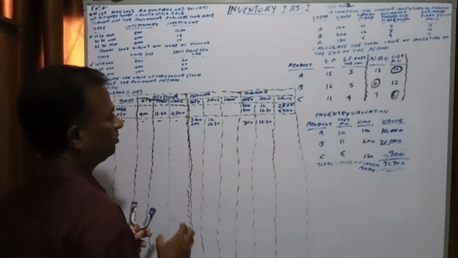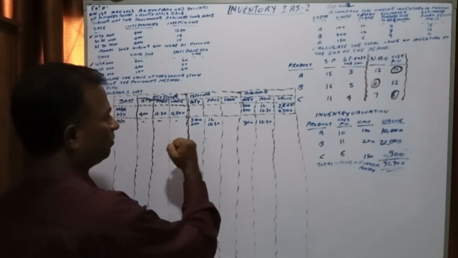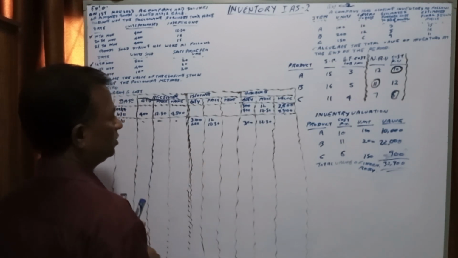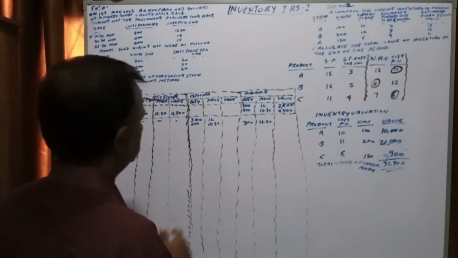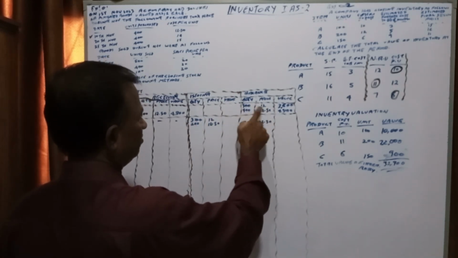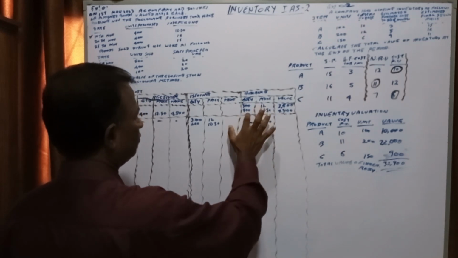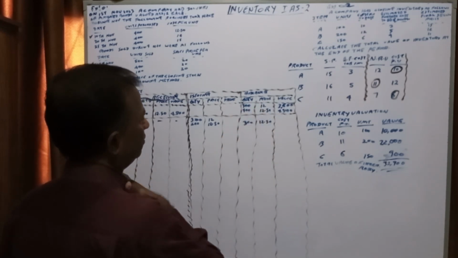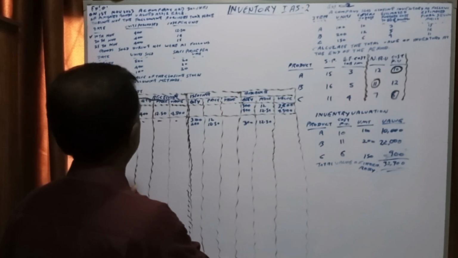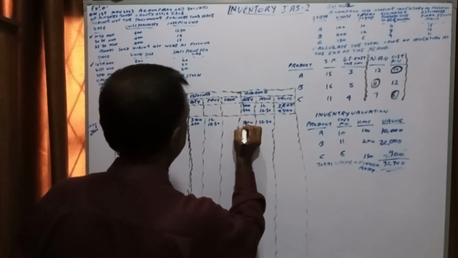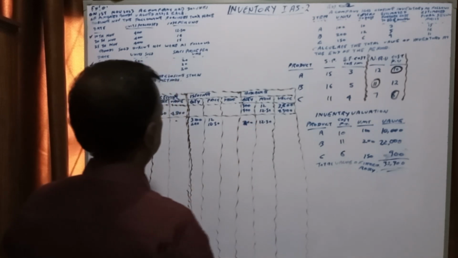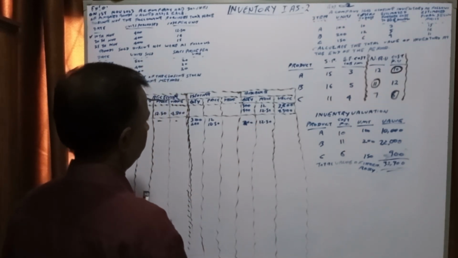Otherwise it will be difficult for you to identify from where you have issued, because there were so many price categories. So the 300 at 12 is completely issued, and out of 400 at 12.50 we have issued 200, so 200 should be the balance.